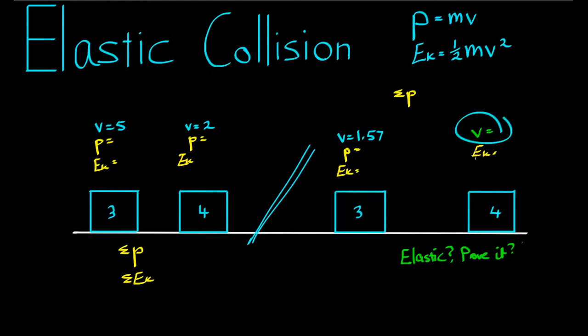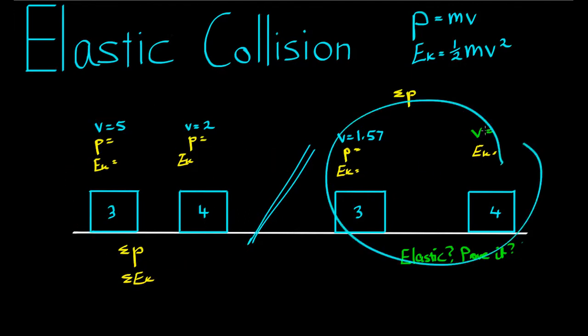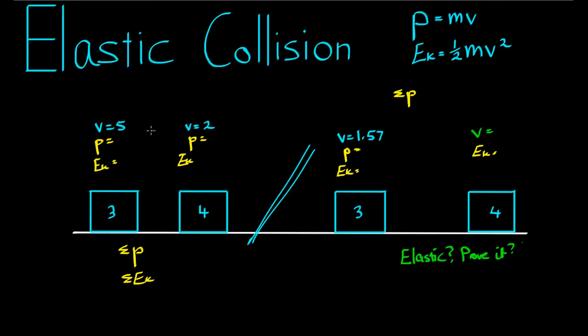Finding this velocity, we're going to use the fact that momentum is conserved in this collision. So the net momentum over here is the same as here. The net momentum here is made up of the sum of this momentum and this momentum. P is equal to mv, that's 3 times 5 here, or 15.